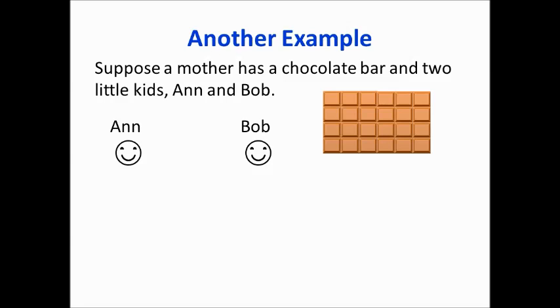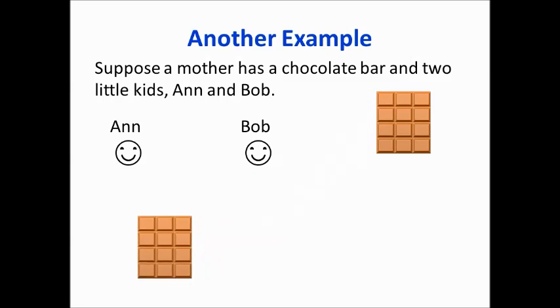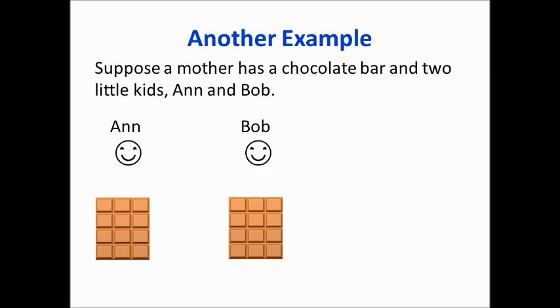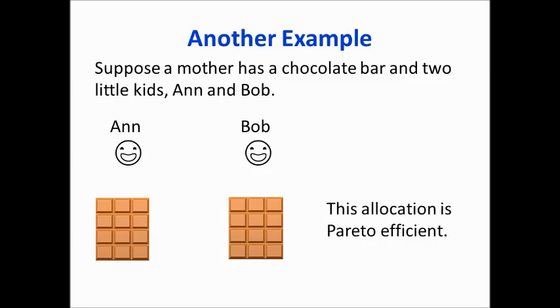Now let's look at another example of how we could allocate the chocolate. For example, we could give half of it to N and half of it to Bob. Is this Pareto efficient? Both are happy, they get something. Yes, this allocation is Pareto efficient, because we cannot make somebody better off without making somebody worse off.